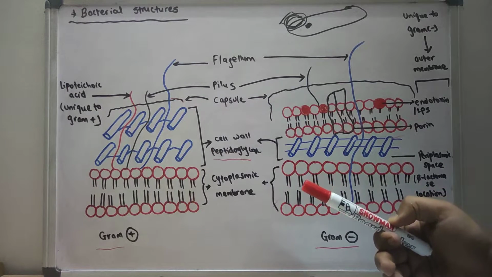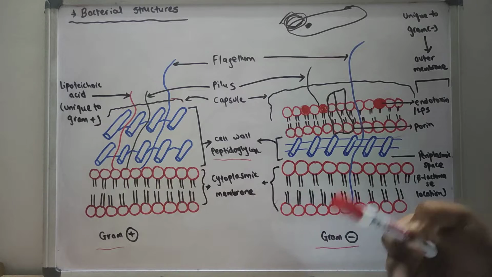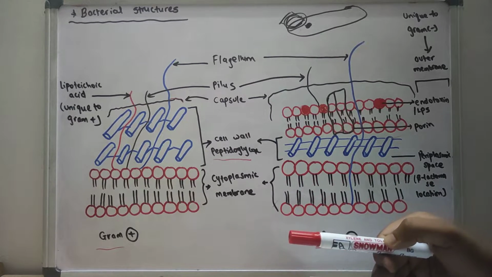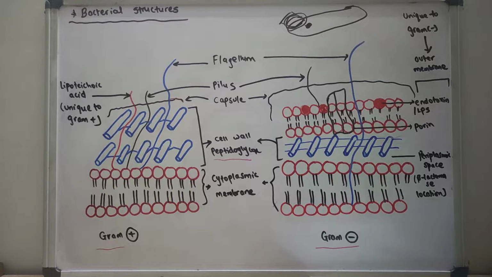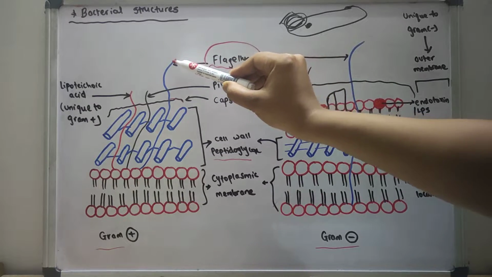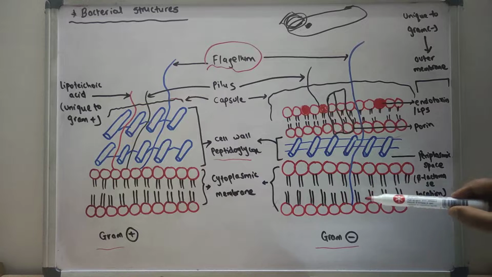Now let us discuss in detail the various appendages, specialized structure, and cell envelope of both gram-positive and gram-negative bacteria. First of all, let us discuss the flagellum. This flagellum originates from the cytoplasmic membrane.